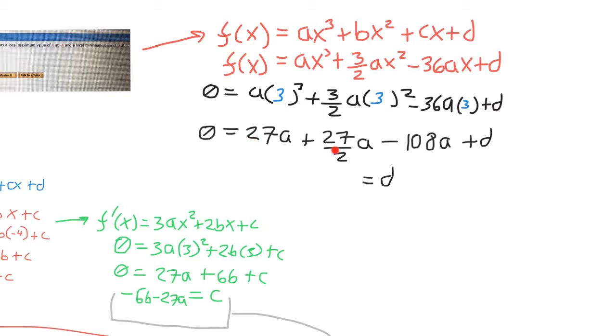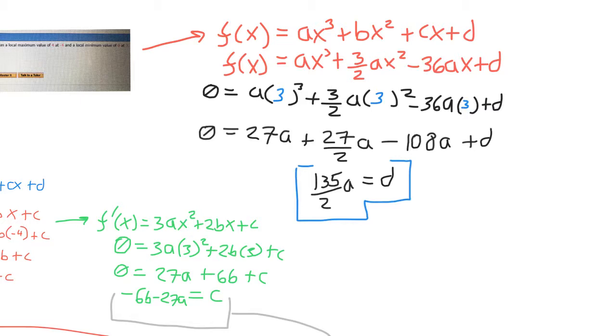We're going to subtract 27 over 2a, and we're going to add 108a, and I'm just going to do that right now all at once, trusting that my student knows how to do that. So that would be 135 over 2a. And I'm going to wrap a blue box around that also.